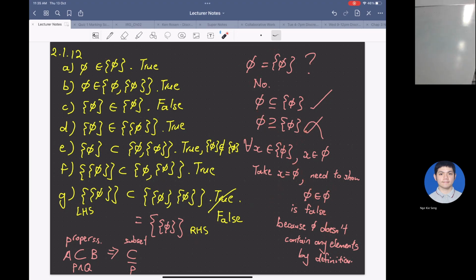Any problem you met when you did 2.1.12? Do you understand the proper subset notation? What do you mean by element?